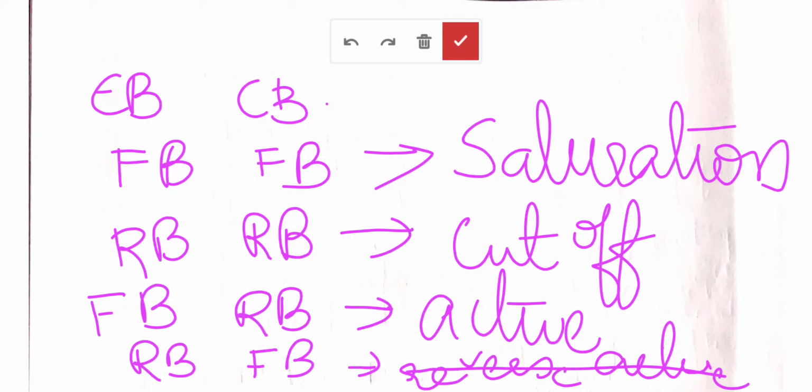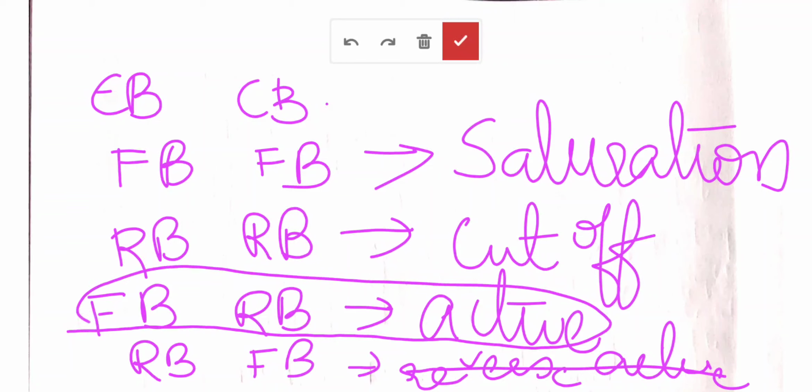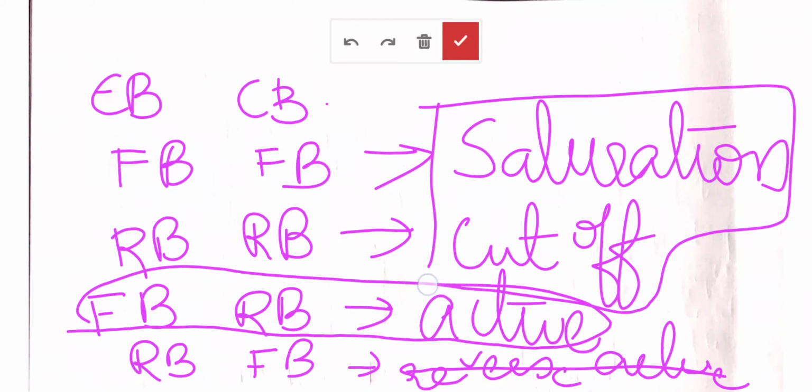Okay, so when the transistor works under active mode, it will act as an amplifier. So for an amplifier application, the emitter base junction should be forward biased and collector base junction should be reverse biased. And under switch application, switch means on and off condition, the transistor should be under saturation and cutoff. So these are the various modes of operation of a transistor.